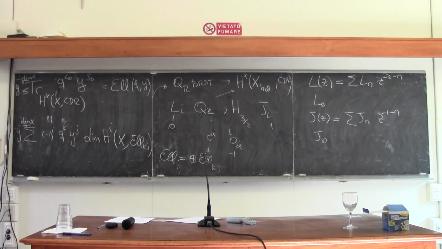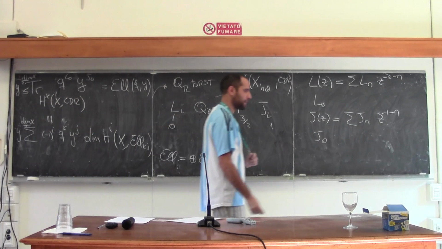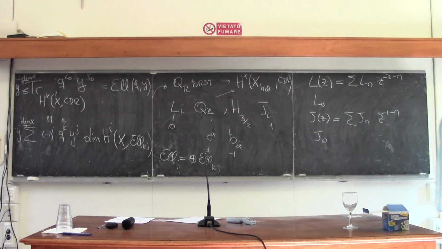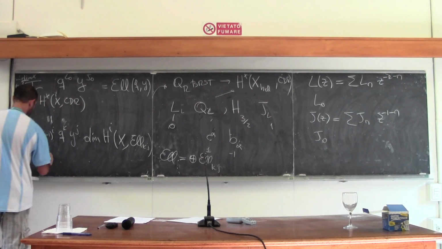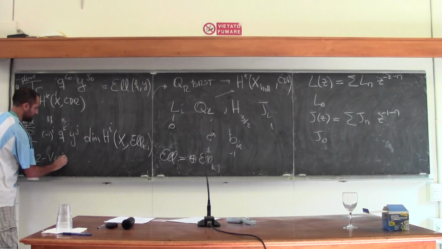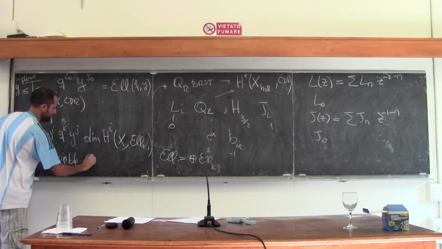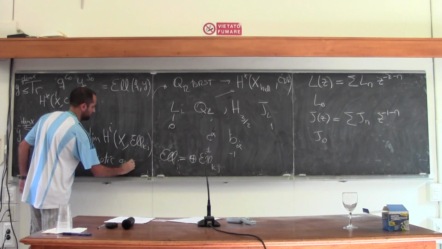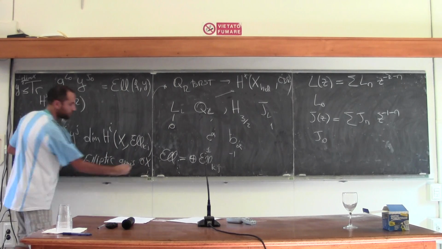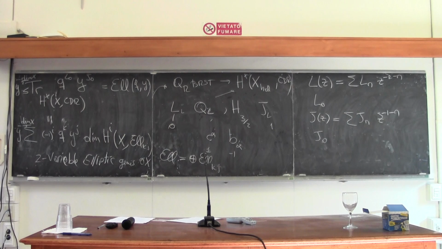So this is a very important statement. The chiral de Rham complex produces the same partition function that you guys are used to seeing. This is the two-variable elliptic genus of a Calabi-Yau manifold. Two-variable, of X. This is a holomorphic function on q and y.